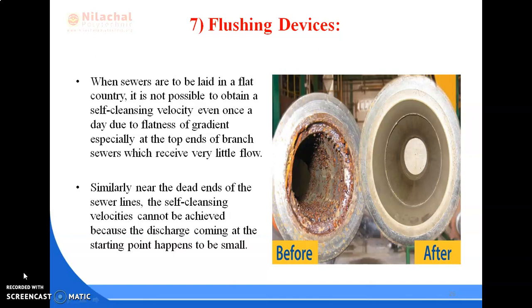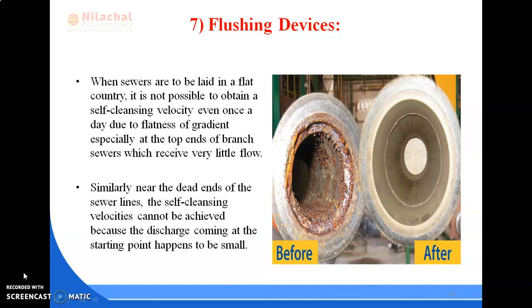Similarly, near the dead ends of the sewer lines, the self-cleansing velocities cannot be achieved because the discharge coming at the starting point happens to be small. So, flushing devices are provided so that during low velocity of flow, basically for flat gradient or otherwise, materials deposited in the sewers will get flushed periodically.